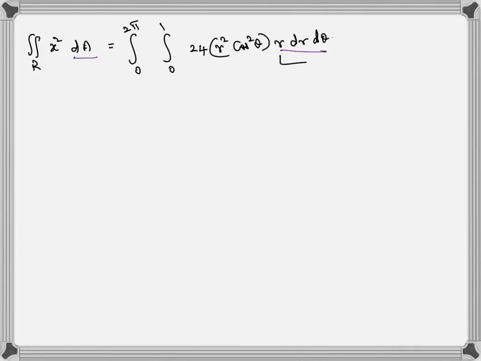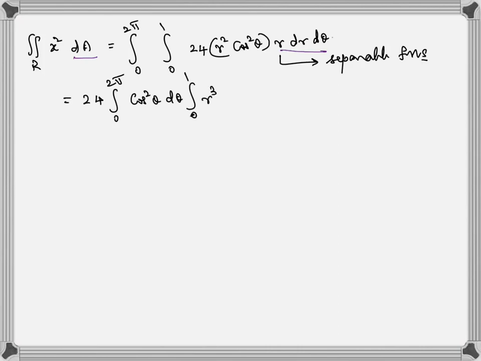So now pulling the constant out, also noticing all these are separable functions, we can consider the theta integral and r integral separately. Just 24 times the integral 0 to 2 pi of cosine squared theta d theta times the integral 0 to 1 of r cubed dr. So just 24 times I1, we are going to evaluate that separately.